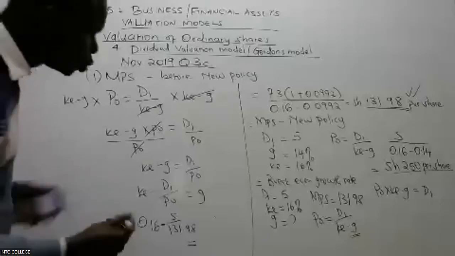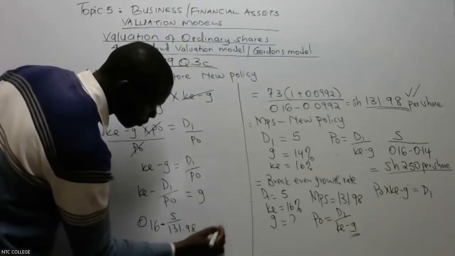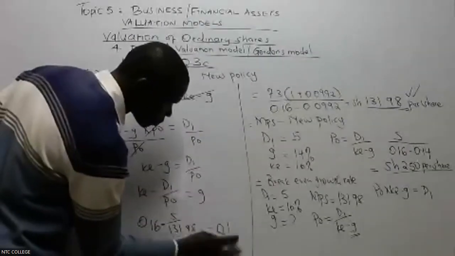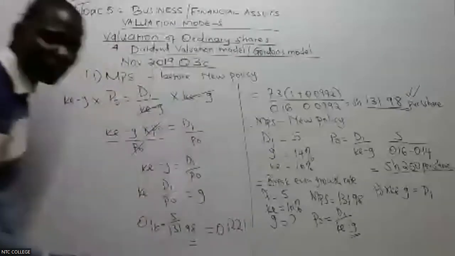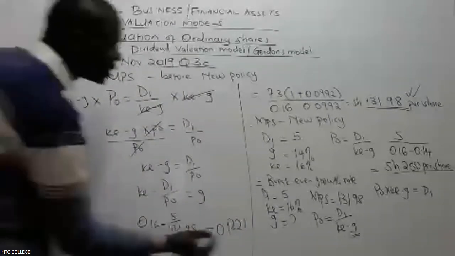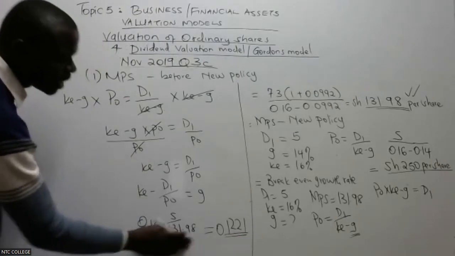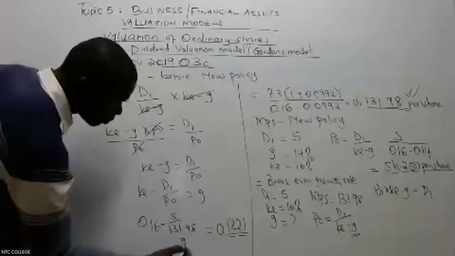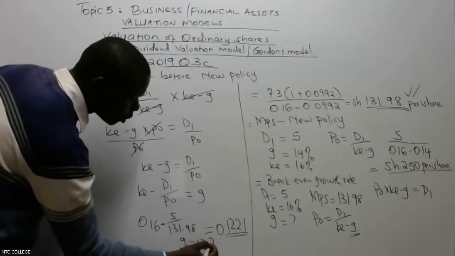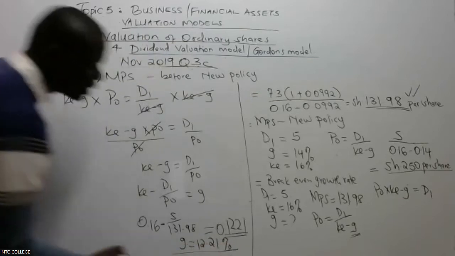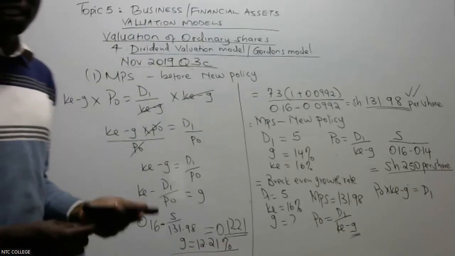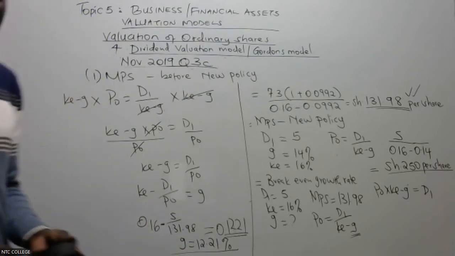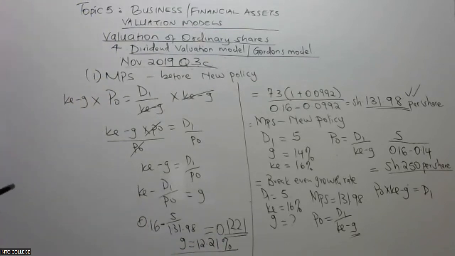0.1221. Good. And this is our new G. So we can say that our G is equal to 12.21%. That is the break-even growth rate. Unless there's someone with a question.